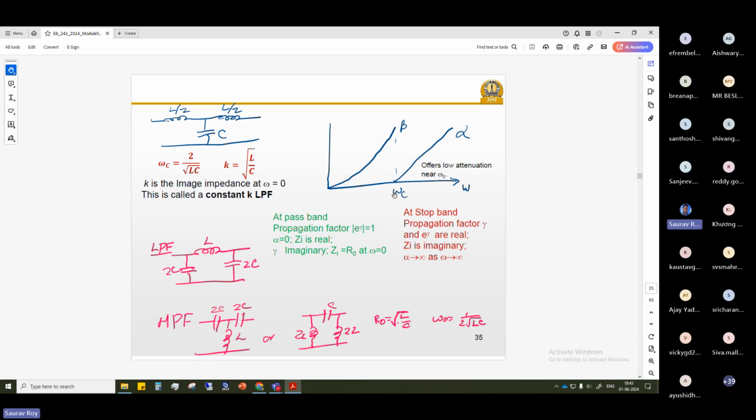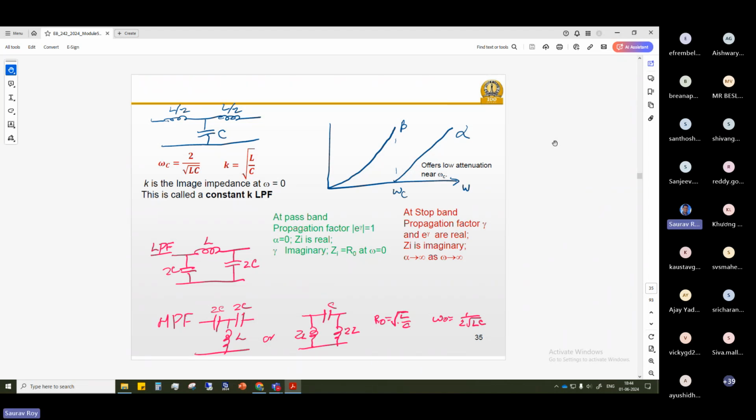So before omega c, less than omega c frequency, there is pass band because there is only phase parameter beta. There is no alpha or no attenuation. And just after the omega c, the attenuation starts very sharply. But there is no beta. That's why the phase parameter is not there. Because the wave is attenuated after omega c or 3 dB cutoff frequency, as it is said.